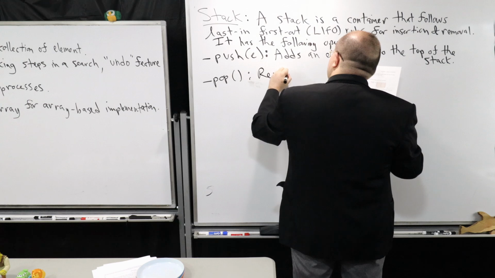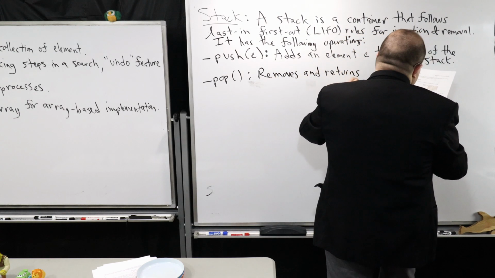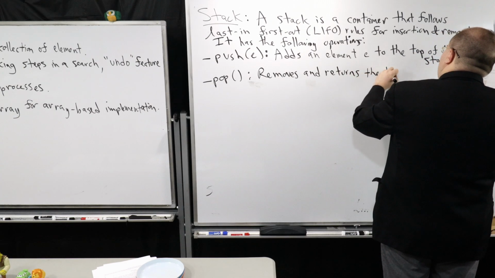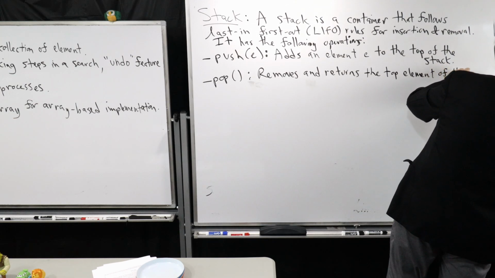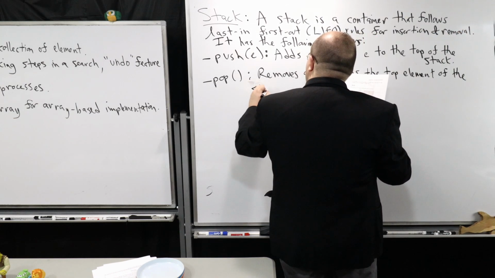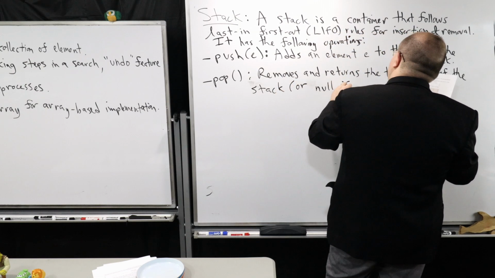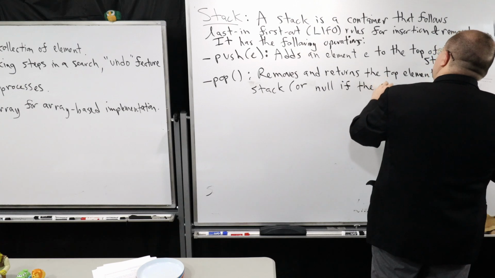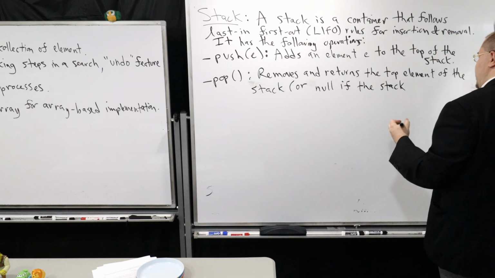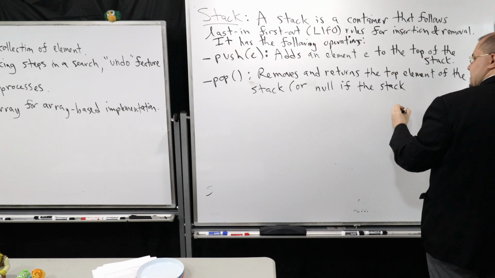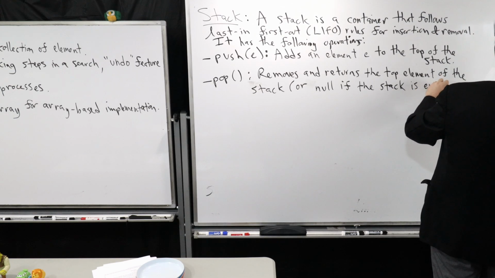It removes and returns the top element of the stack, or null if the stack is empty. I must stress that being empty means that there are no elements in the data structure, or in our container to be a bit more precise. If the stack is empty.